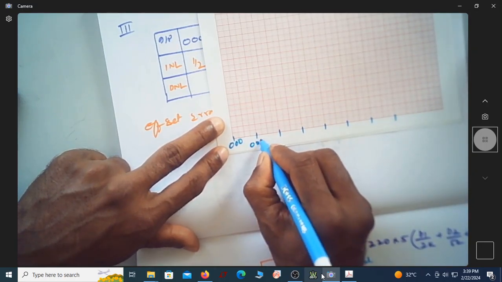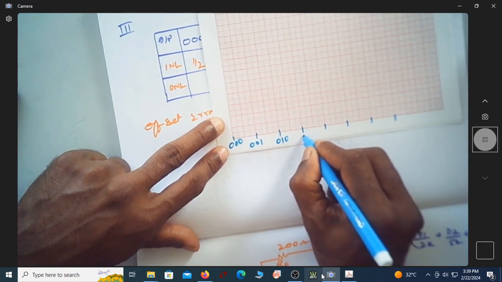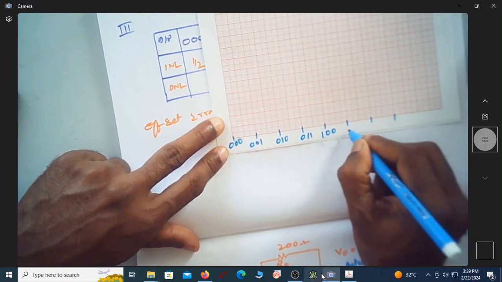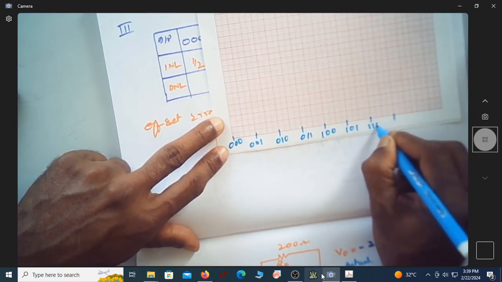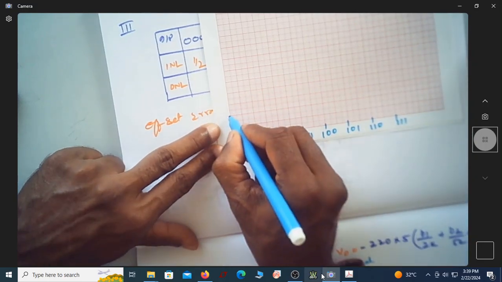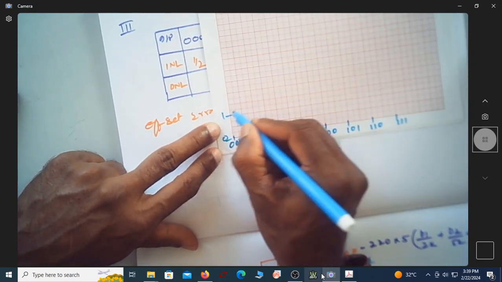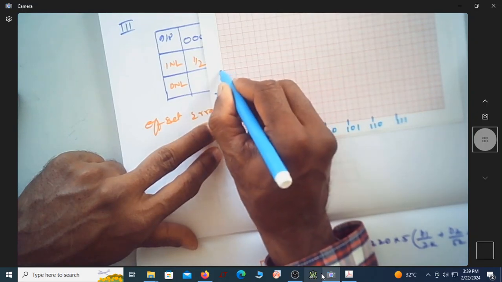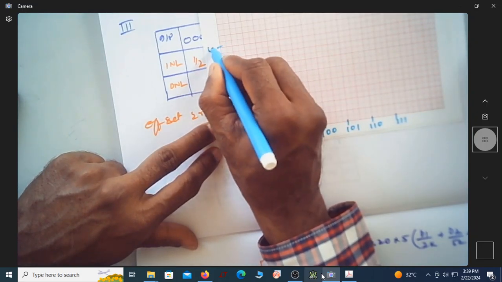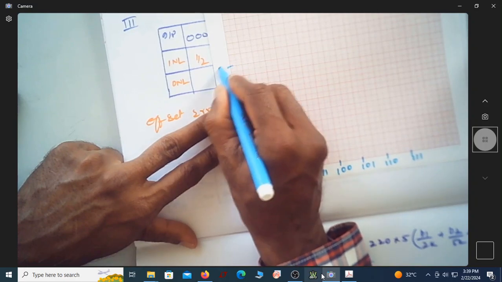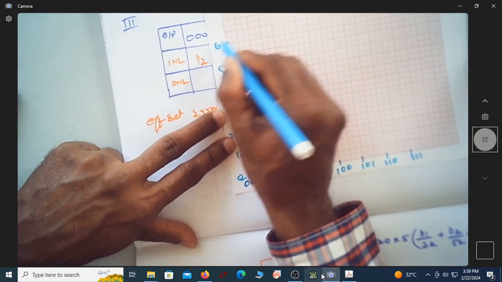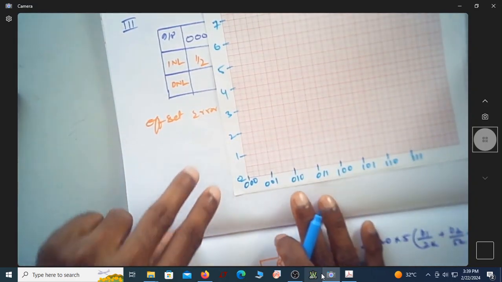This is 000, 001, 010, 011, 100, 101, 110, this is 111. So this is 0 LSB, 1 LSB, 2 LSB, 3 LSB, 4 LSB, 5 LSB, 6 LSB, 7 LSB.